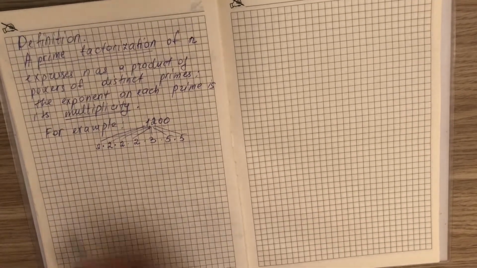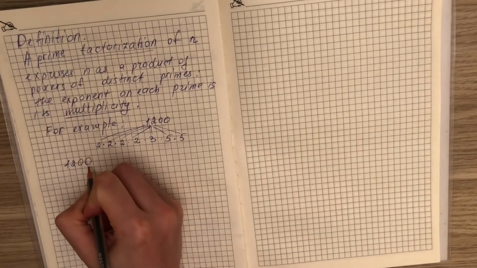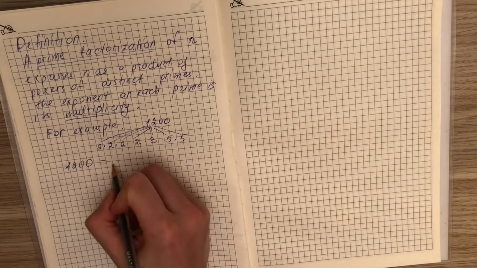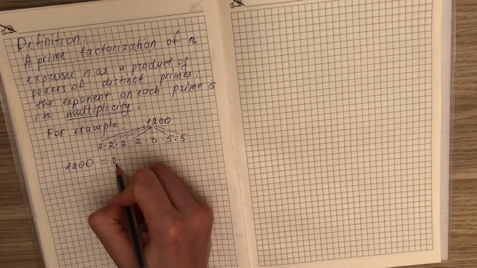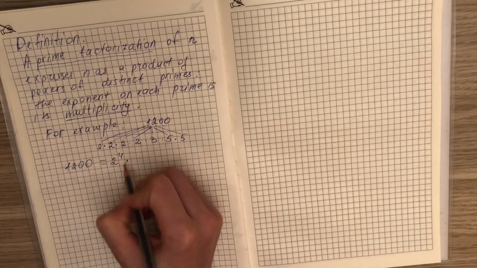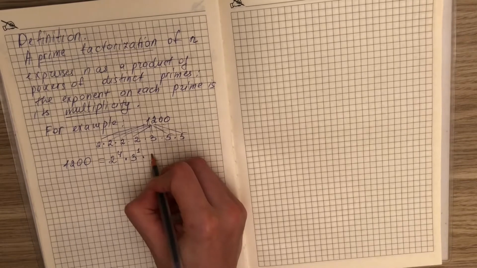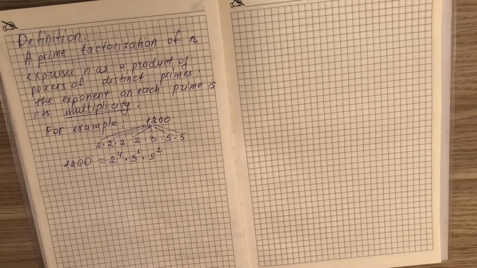So we can write it as 1200 is equal to 2 to the 4, 3 to the 1, 5 to the 2.